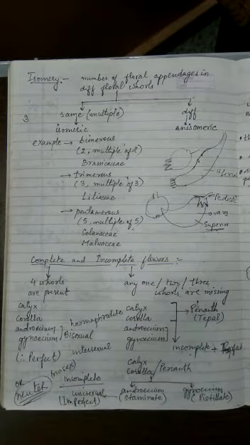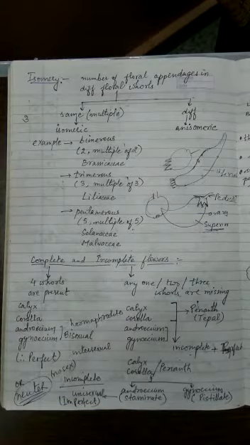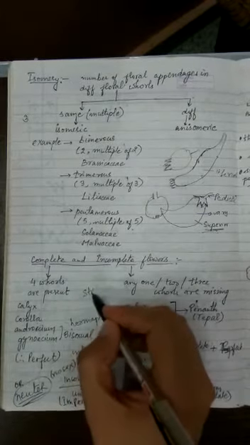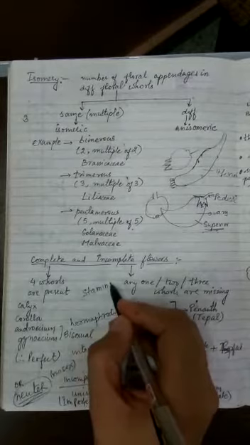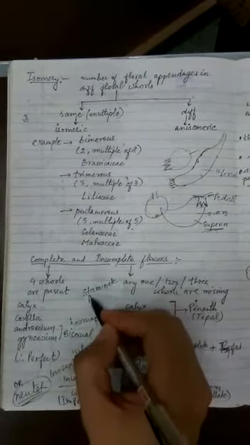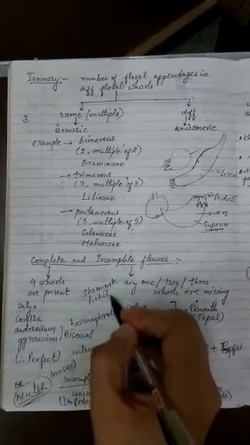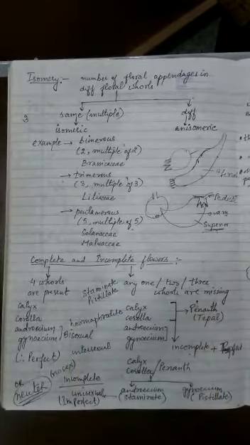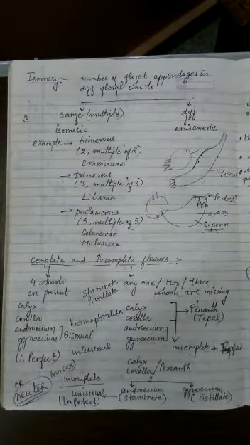So you have learned new names today. A bisexual flower is the flower which has both the sex organs. It is also called perfect. Then unisexual flowers are the imperfect flowers. They carry only one sex. If they carry the male part, they are called staminate. If they carry the female part, they are called pistillate. And then there are some plants in which both the sex organs or essential floral portions are absent.